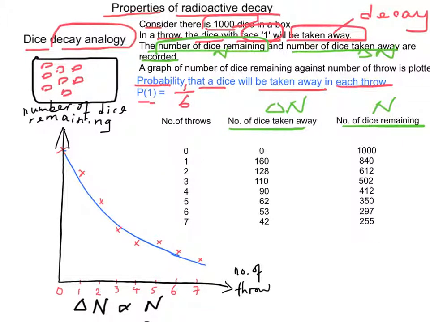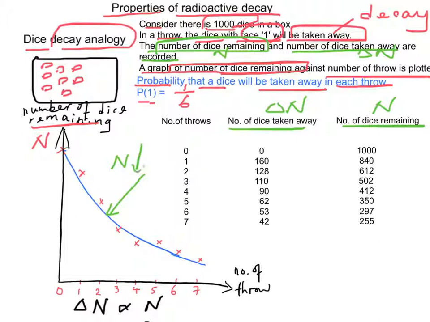Then we use the result in the table to plot a graph of the number of dice remaining against the number of flow from the experimental result. The curve shows that the number of dice remaining decreases when the number of flow n increases.